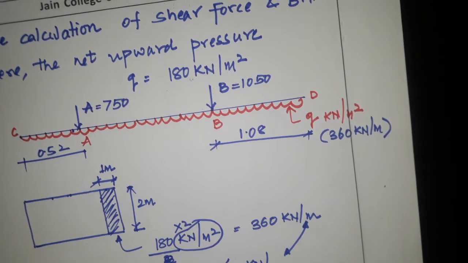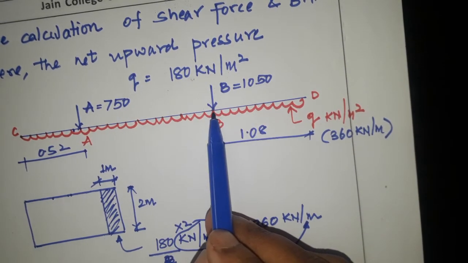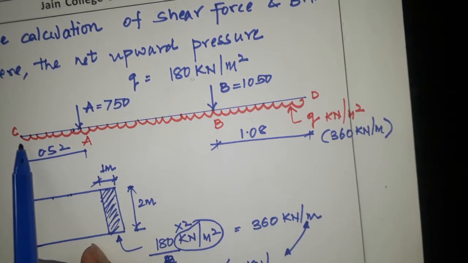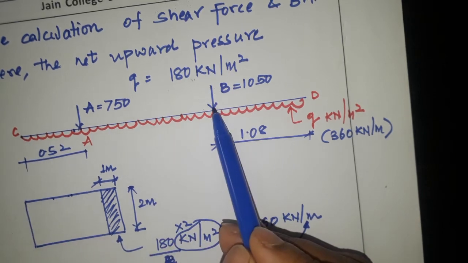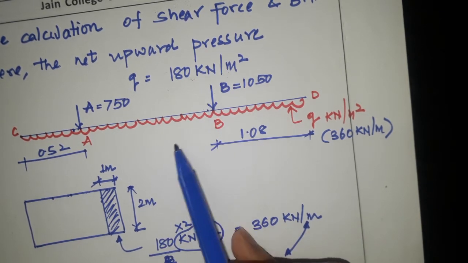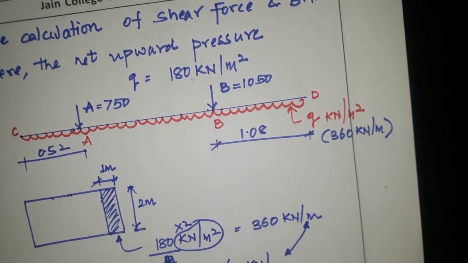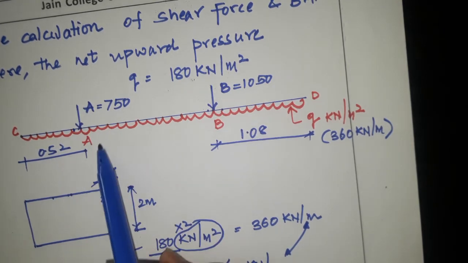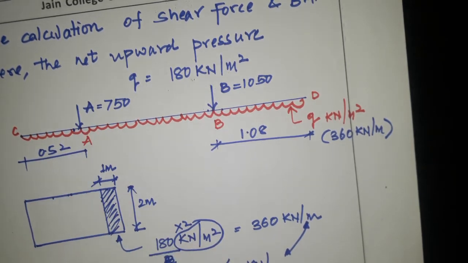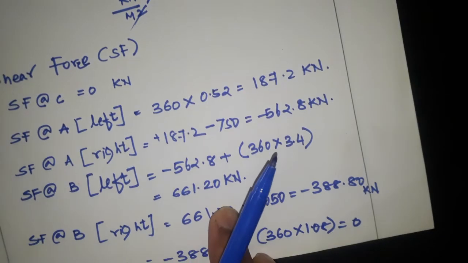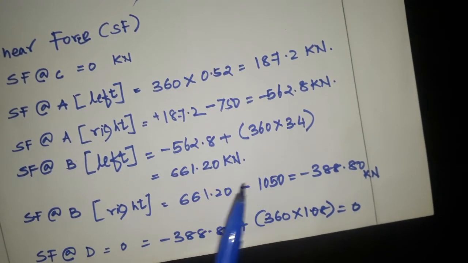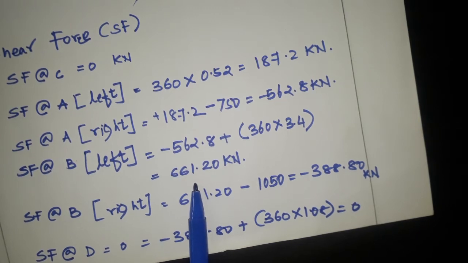Now, if you check the shear force at B, what will happen? The forces at left of B and at right of B you have to take. We have already got the shear force at left of A as 661, and at left of B we got 661.2.